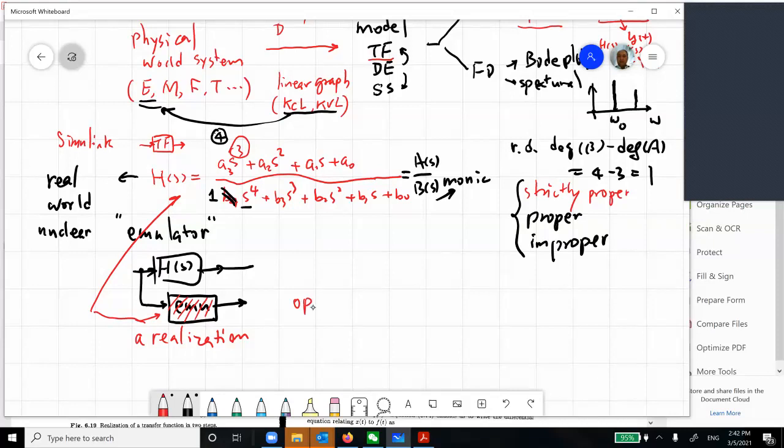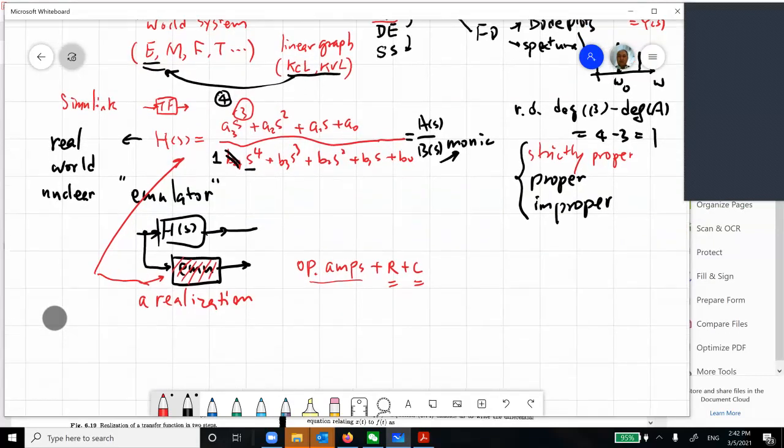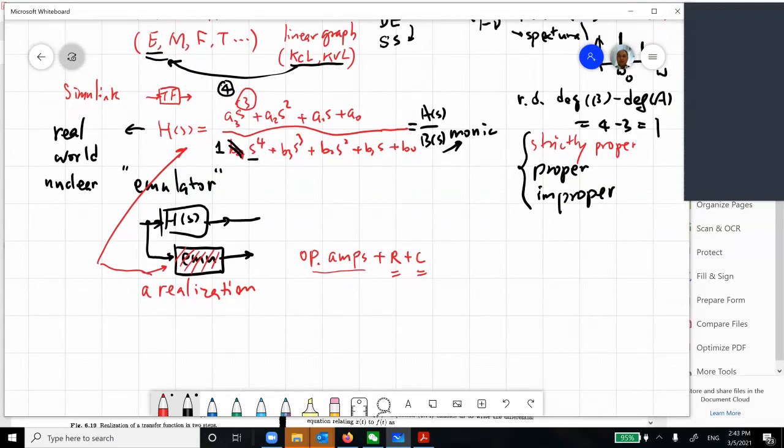So when we say realization, we are talking about op-amps, using op-amps plus R plus C. You have resistors, capacitors, and a bunch of op-amps, put together to mimic that.